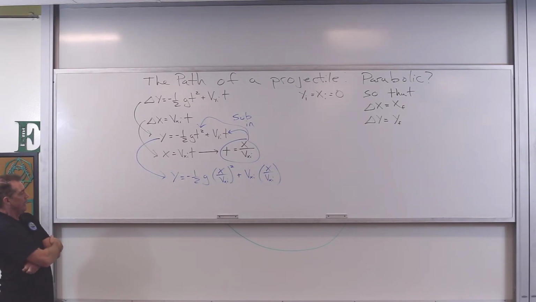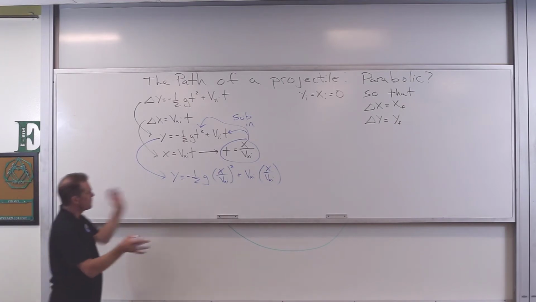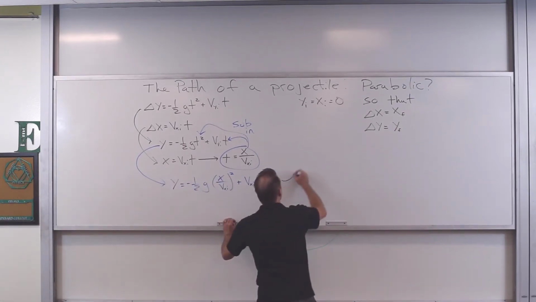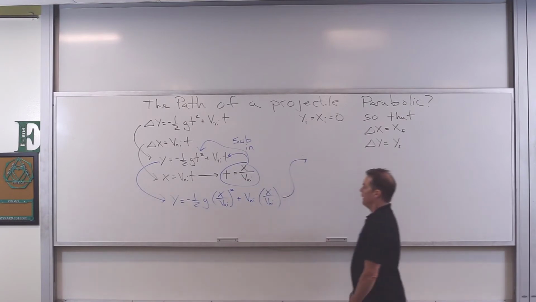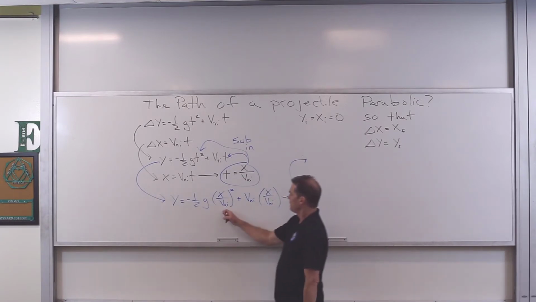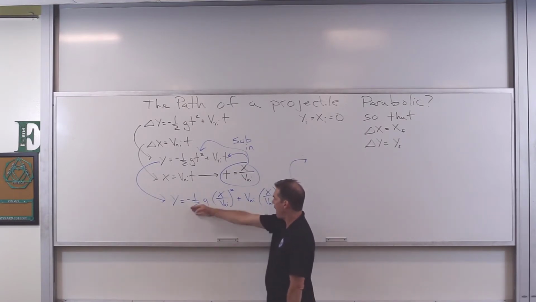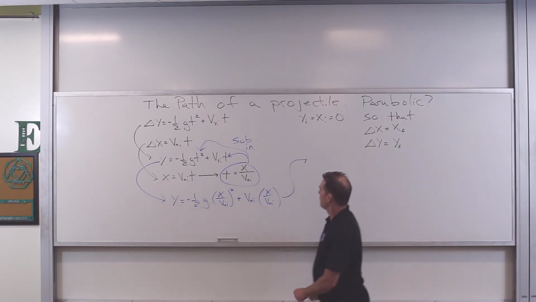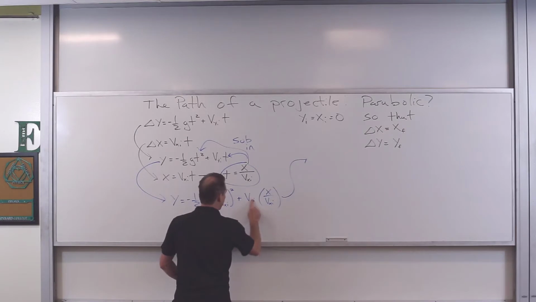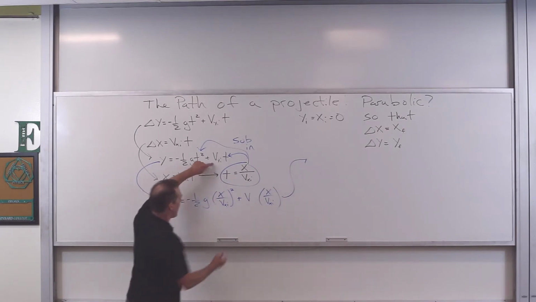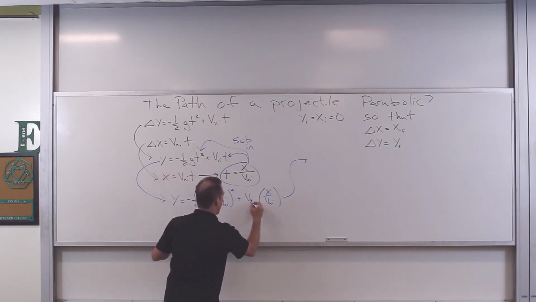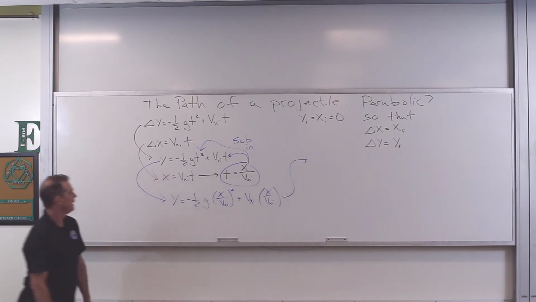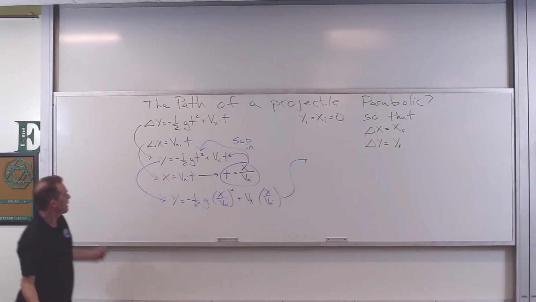All right, let us just clean this up a little bit. And I'm going to take this vx initial squared out and stick it over here. Likewise, I'm going to take this one out and stick it over here. Sorry, that's not a vx initial, it's a vy initial. Vy initial. And that's pretty much that.